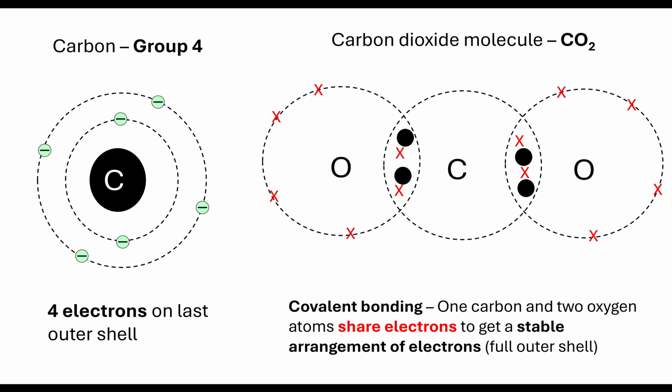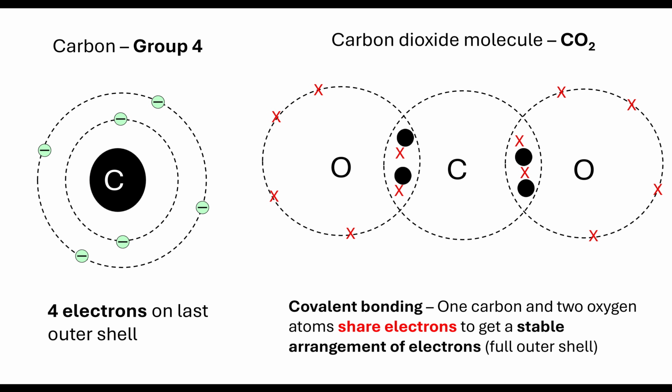Because they are covalently bonding, we can see that they are filling their outer shell, getting a stable arrangement of electrons, because now each of these has got 8 electrons by sharing those pairs of electrons.